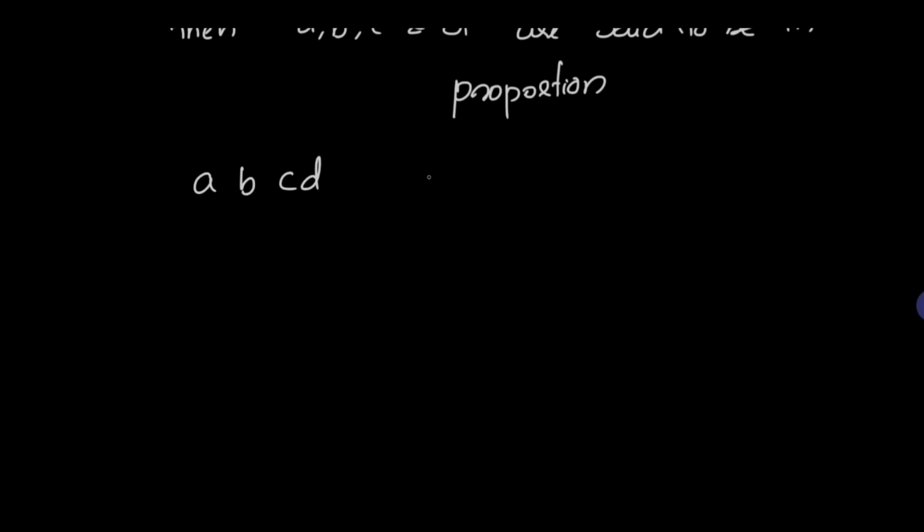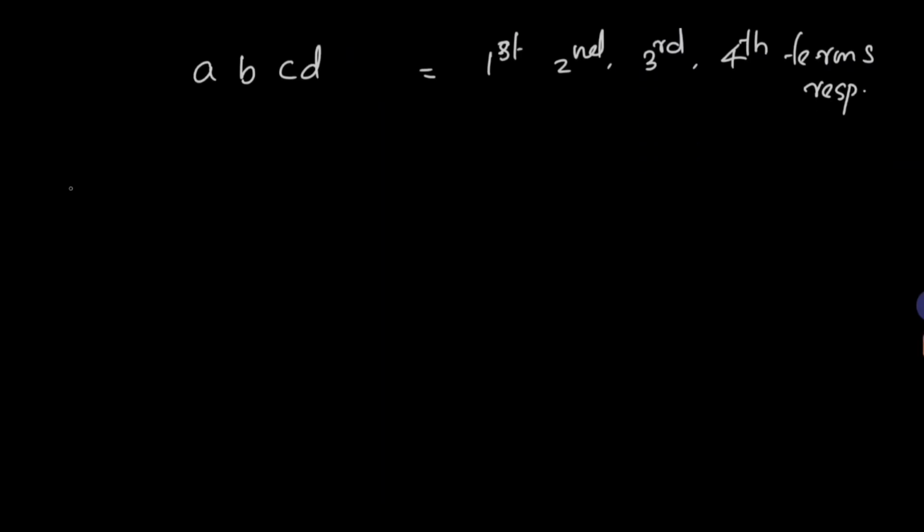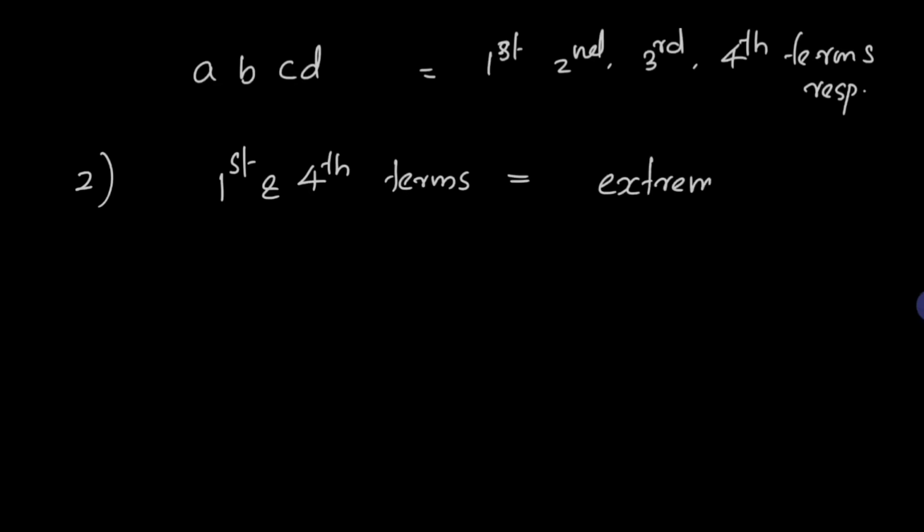A, B, C, D are the first, second, third and fourth terms respectively. The second condition: if two ratios are compared, the first and fourth terms are called extremes.